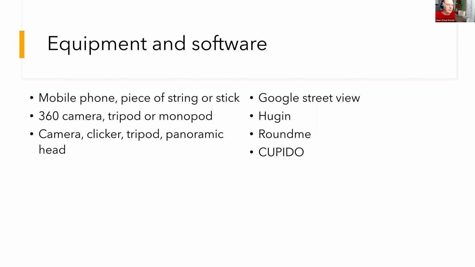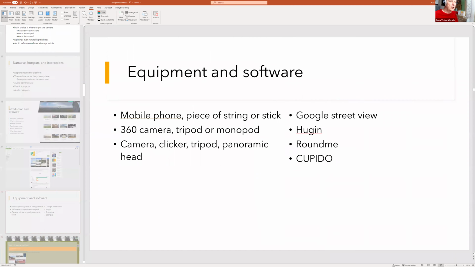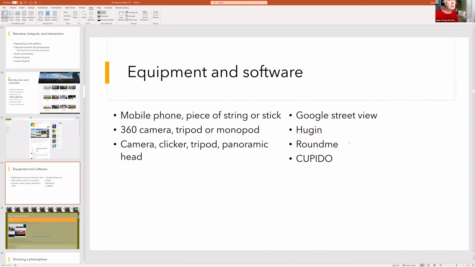RoundMe is for stitching, and it's good as a platform for uploading to and making virtual tours on. Also good for that is something called Cooler.